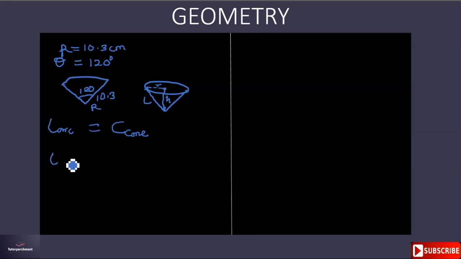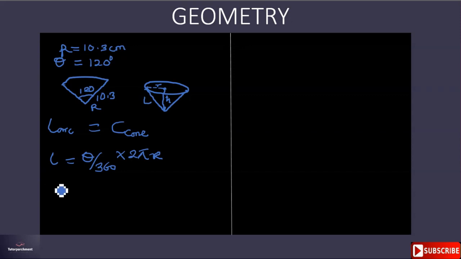So what's the arc length of this sector? The arc length is given as theta over 360 multiplied by 2 pi R. We're going to use big R. What is the circumference of the base of the cone?